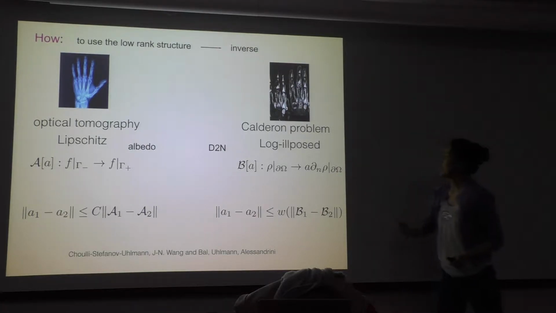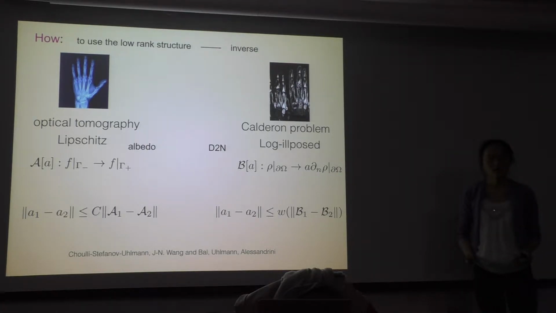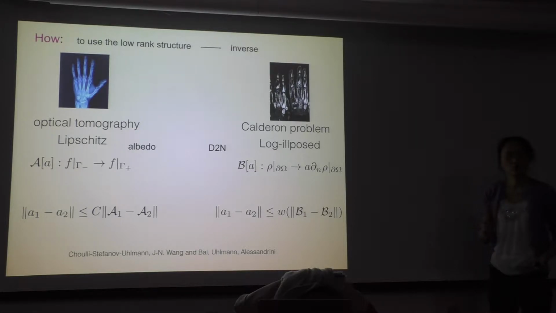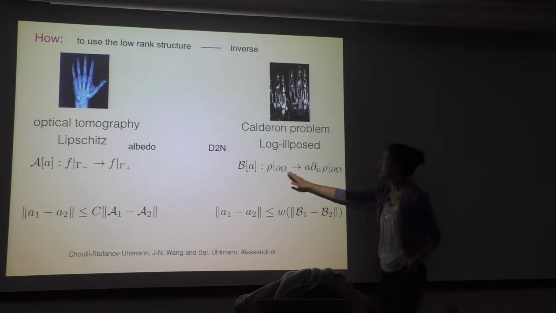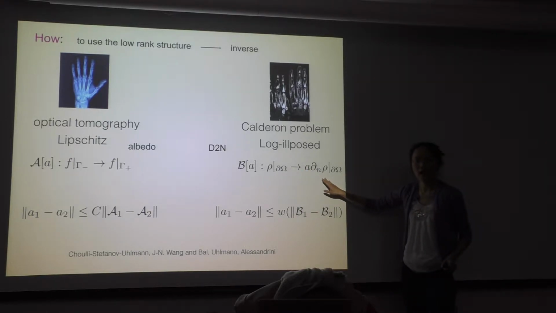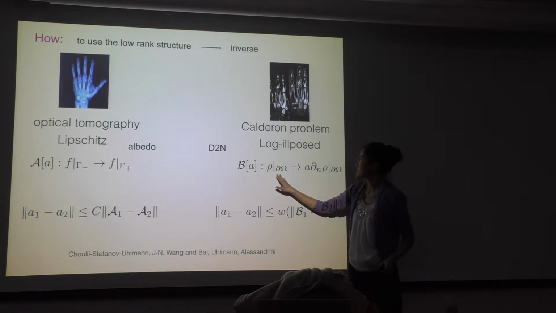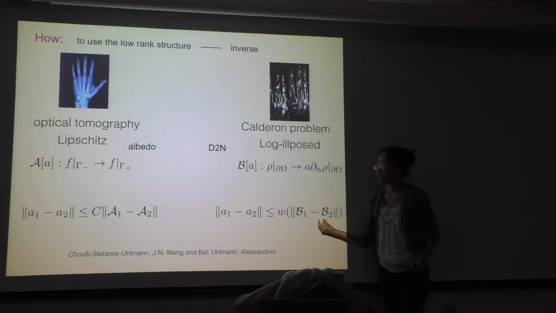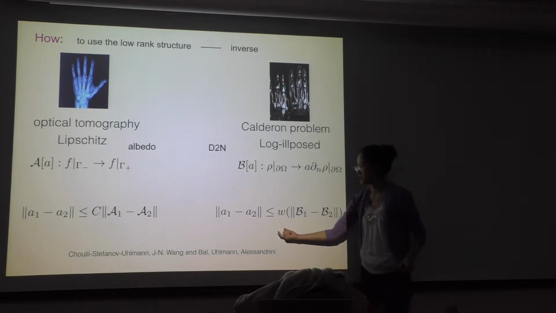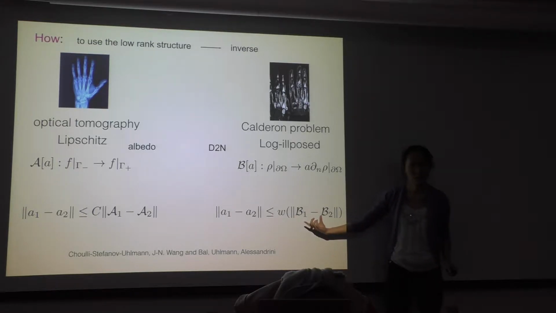However, for the heat equation, we use the so-called Dirichlet-to-Neumann map. I give you the incoming data, and I measure the outgoing data. This D2N map maps incoming to outgoing. If I perturb this map by a little bit, my reconstruction of my hand gets perturbed exponentially big.